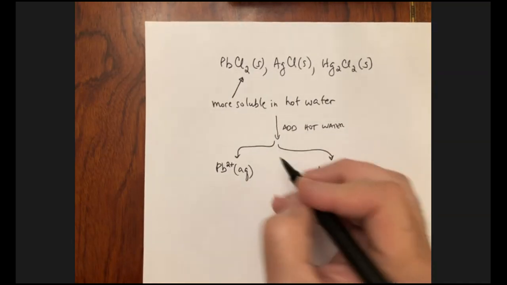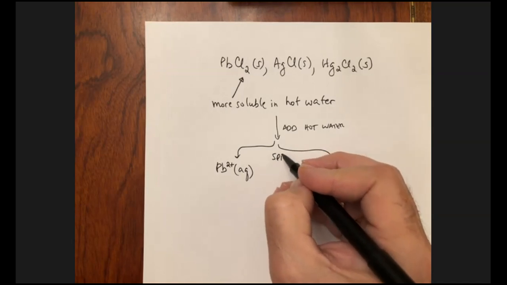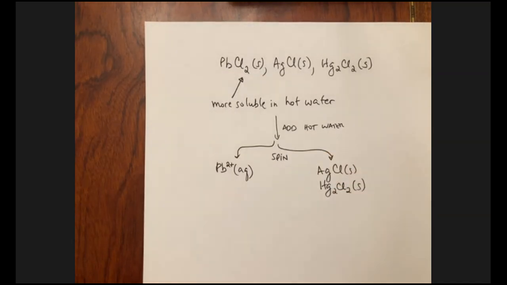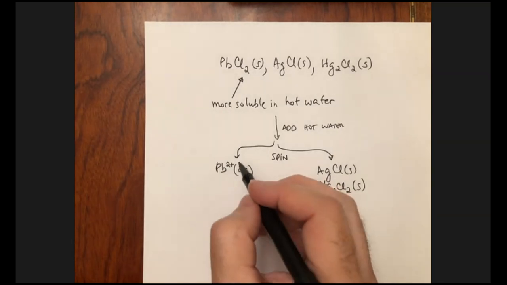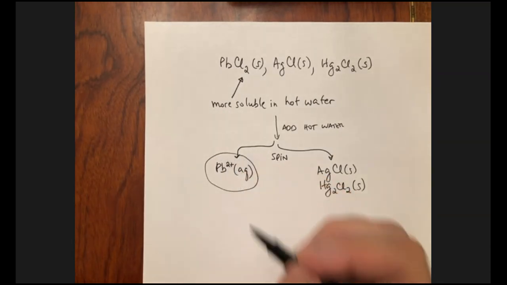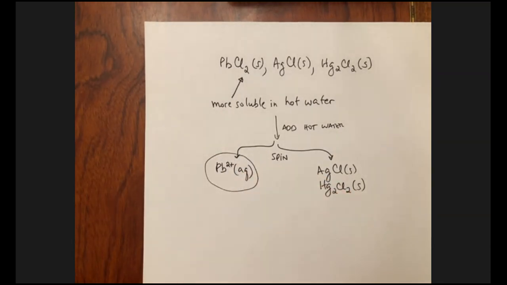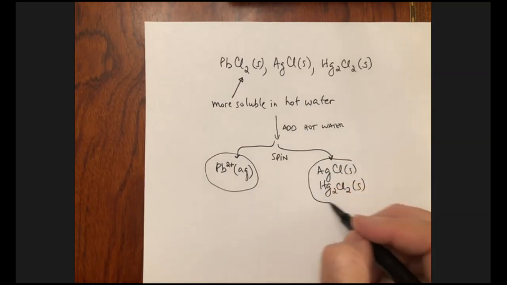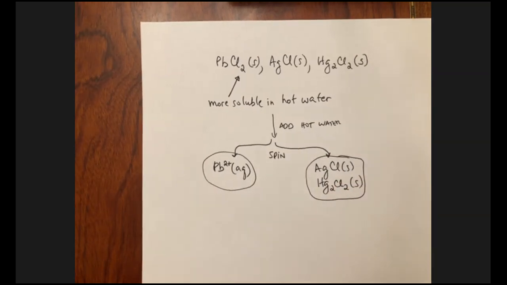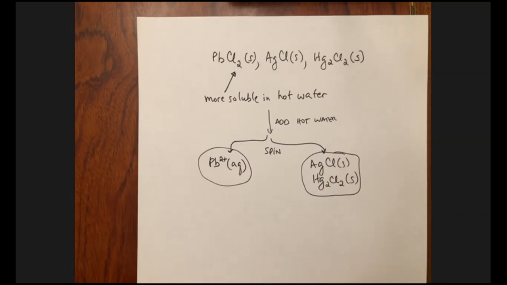So if you add hot water and centrifuge this mixture, in effect, you're going to be redissolving the lead 2 ions, while you will be left with a precipitate of these.